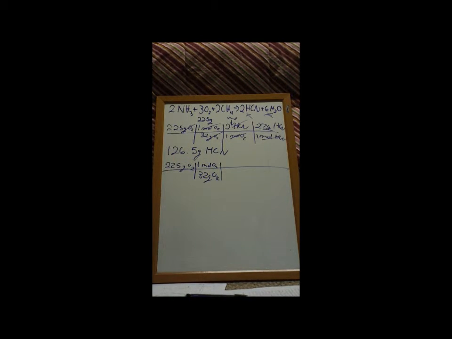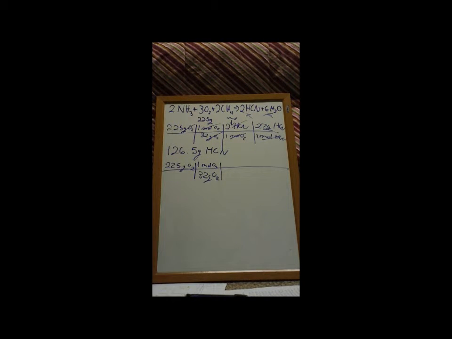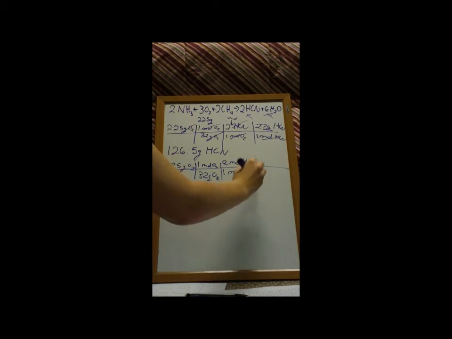Now we are working with the fact that the ratio between 6 to 3 is the ratio of 2 to 1, so 2 mole H2O over 1 mole O2.